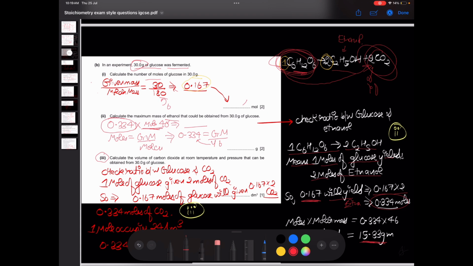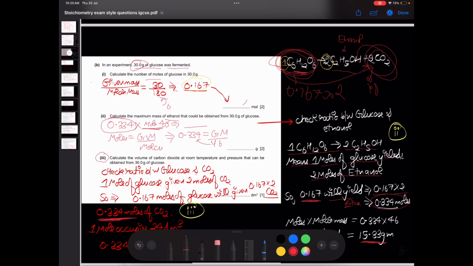Now, how many moles of glucose do we actually have? We have 0.167 moles of glucose, right? So how many moles of CO2 will we get? 0.167 times 2, which is 0.334.